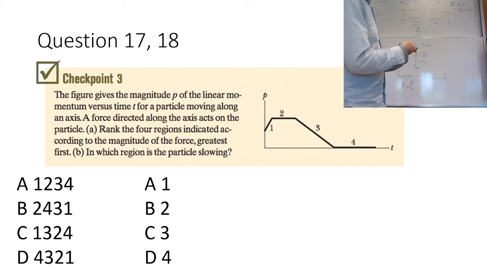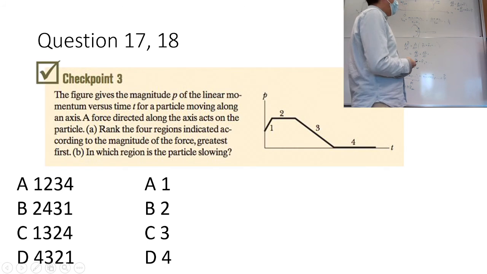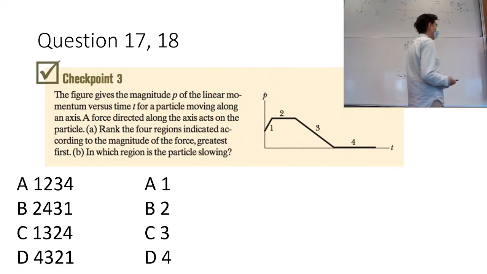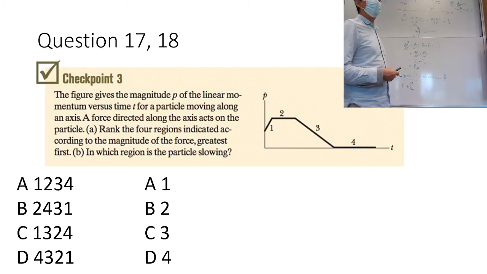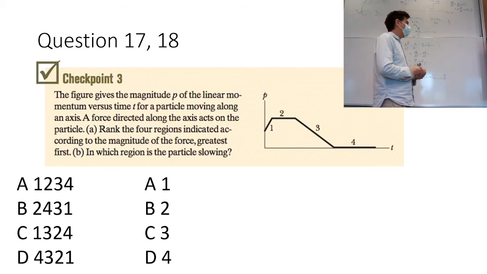Figure gives the magnitude p of the linear momentum versus time for a particle moving along an axis. Force directed along the axis acts on the particle. Rank the 4 regions indicated according to the magnitude of the force, greatest first. Okay, so which one of these has the greatest force acting on it?